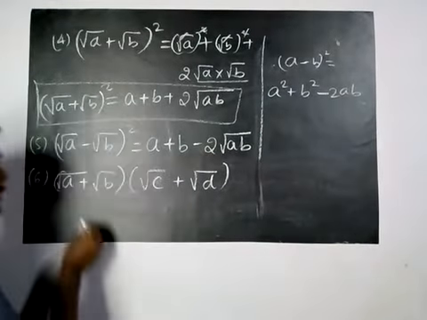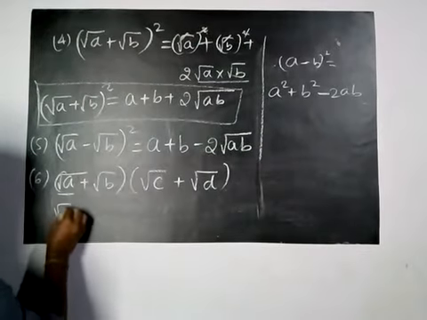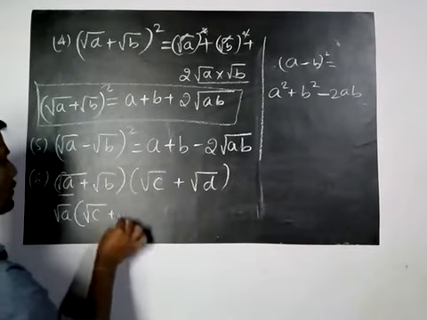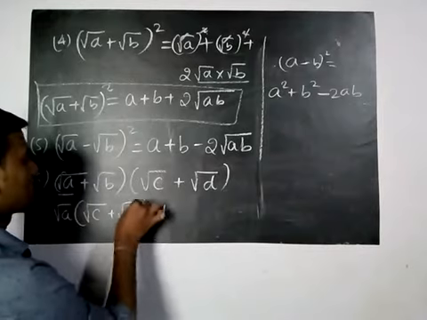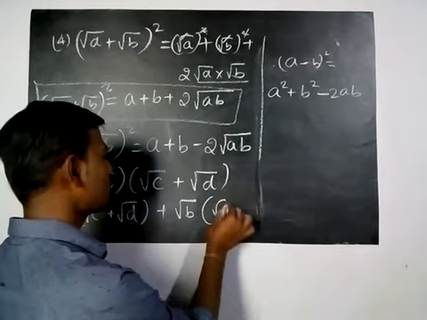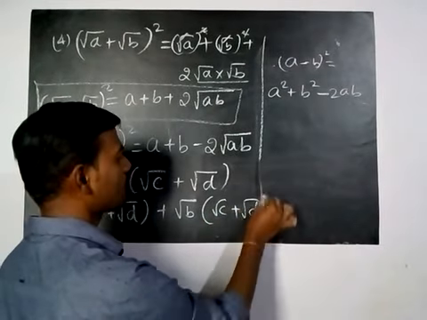That is, keeping the first term as it is, root a into the second binomial root c plus root d, plus root b into root c plus root d.